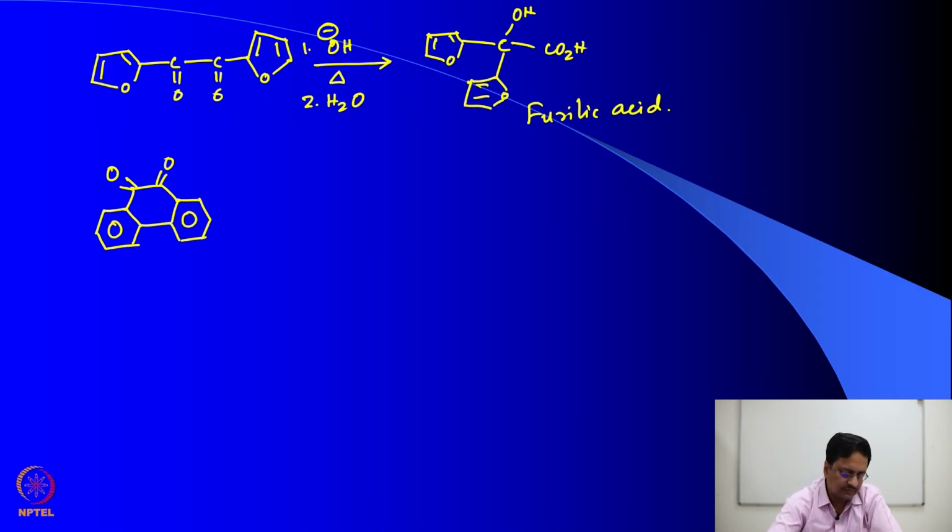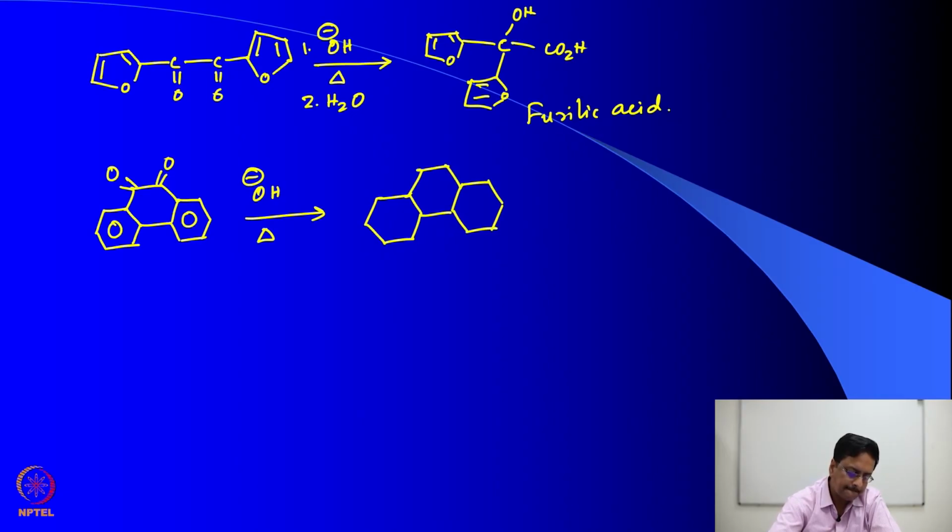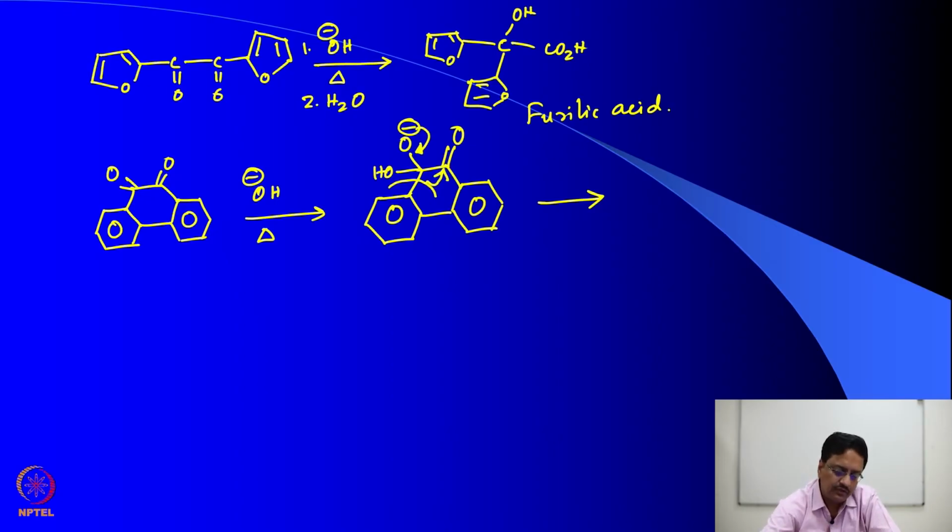When you treat this compound with base at high temperature, it first forms this reaction intermediate, and then the rearrangement takes place such that this bond breaks and migrates to the adjacent carbon atom to give you the ring shortened product, which was initially a 6-membered ring.